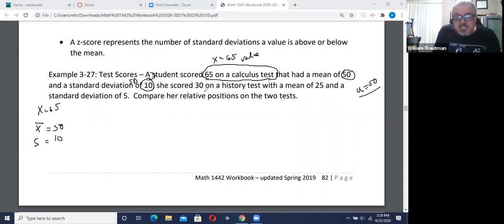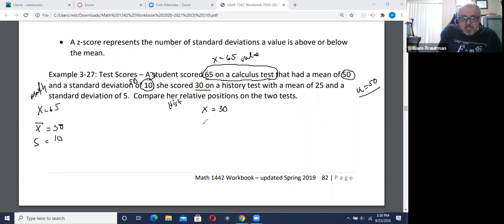That's for test number 1. And then she scored 30 on a history test. So the first test was calculus, math, and this one is history. She scored a 30 on her history test.